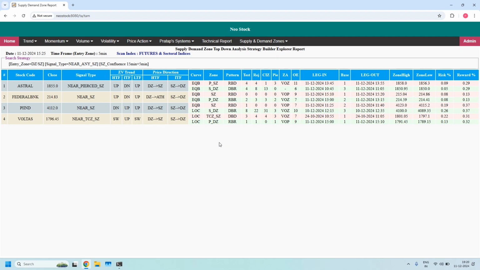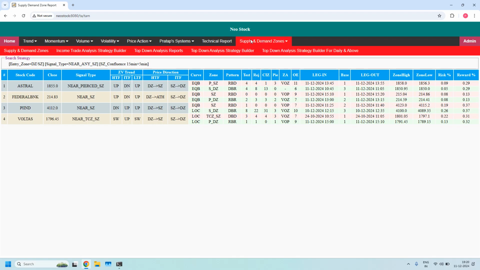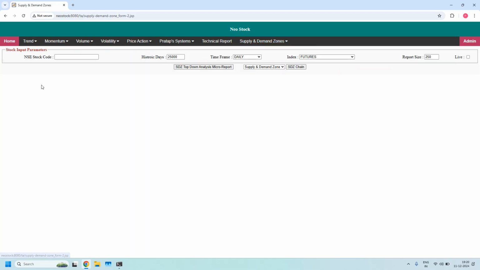Okay, this is about stocks near demand and supply zones for different time frames. Also identify daily and 75 minutes high liquidity zones. So the next set of reports are about NIFTY and BANKNIFTY supply demand zone chain. First, let's start with NIFTY from monthly time frame, generating monthly supply demand zone chain for NIFTY.